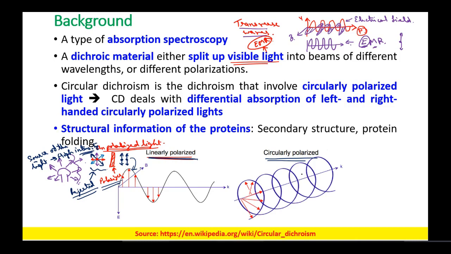Whereas in the circularly polarized light, the direction of the propagation is this K direction, and you have this electric beam moving all throughout, and the radius of all these rays is the same and they move in a circular way in a particular direction. In the linearly polarized light, at different instances you have different magnitudes of the electrical field.